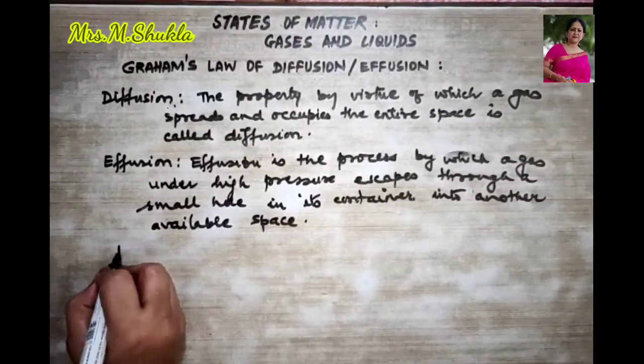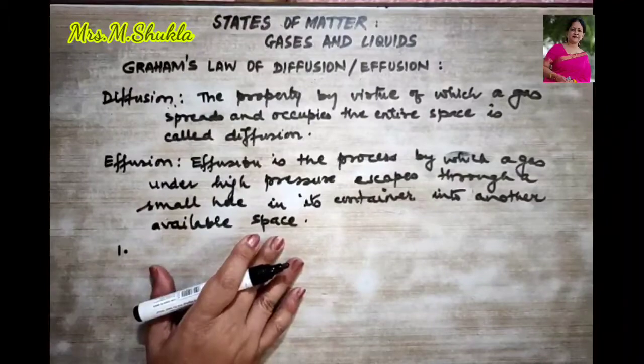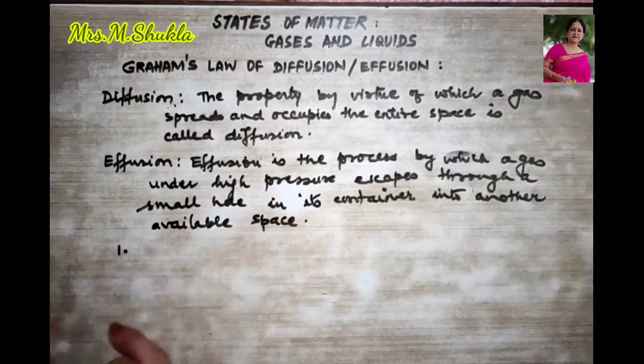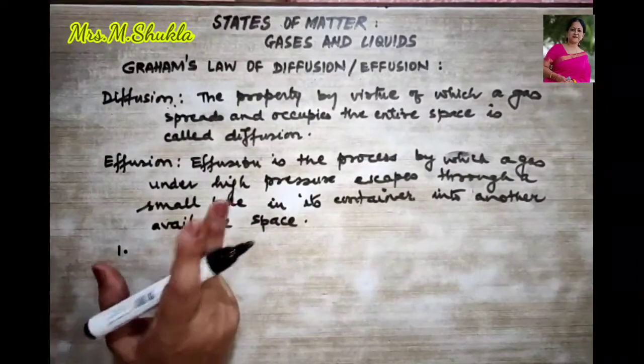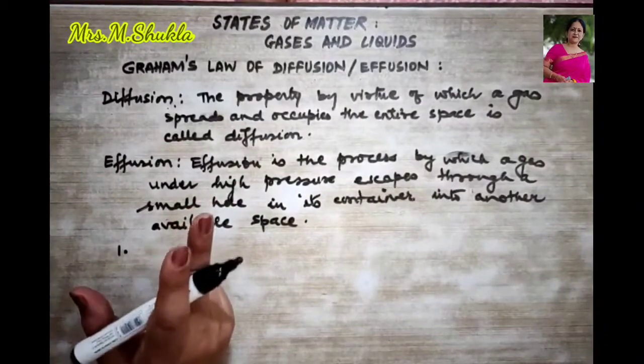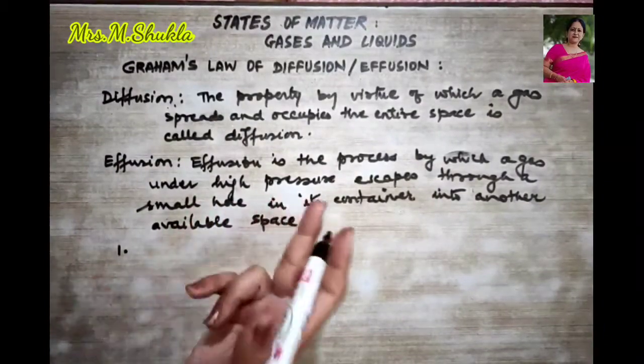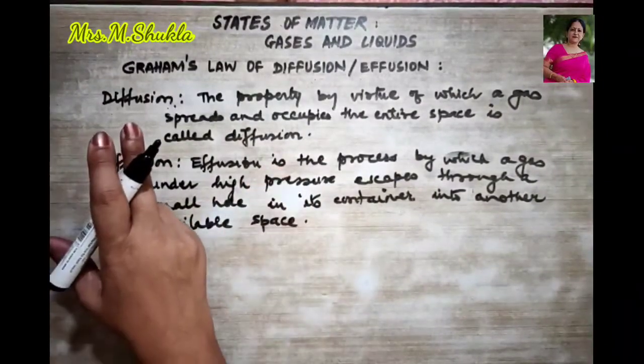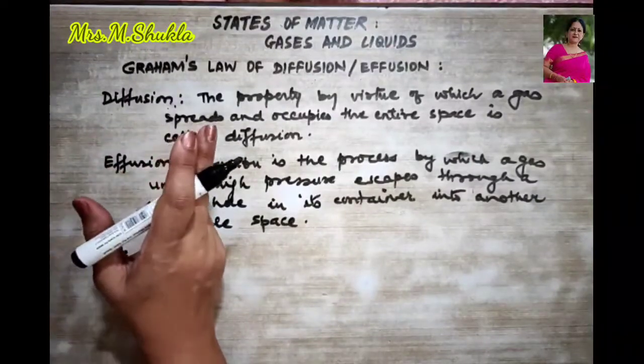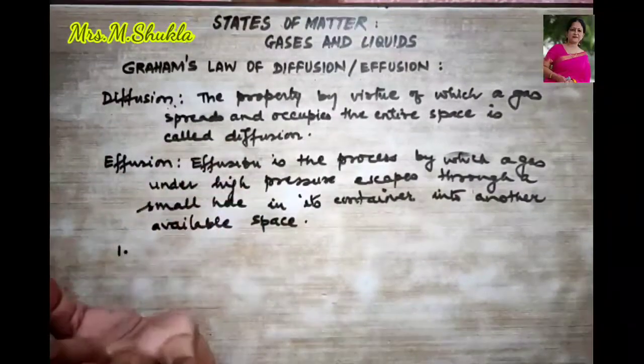The first point about Graham's law of effusion is that at constant temperature and pressure, the rate of effusion of a gas is always inversely proportional to the square root of the molar mass of the gas.